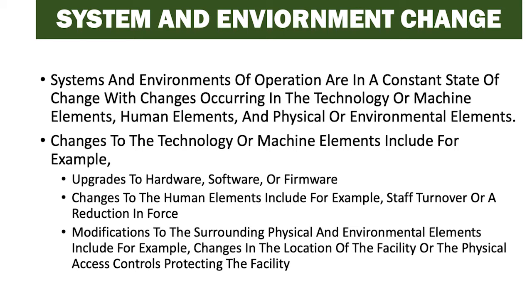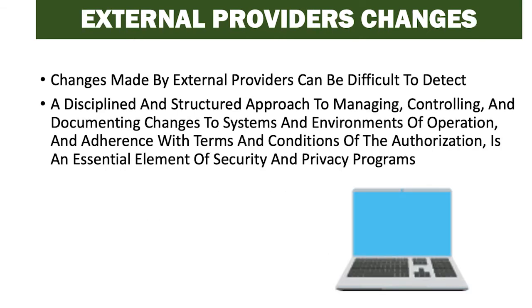Modifications to the surrounding physical and environmental elements include, for example, changes in the location of the facility or physical access controls protecting the facility. Changes made by external providers can be difficult to detect. A disciplined and structured approach to managing, controlling, and documenting change to systems and environments of operation in adherence with the terms and conditions of the authorization is an essential element in the security and privacy of systems.